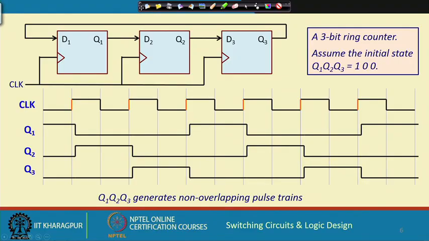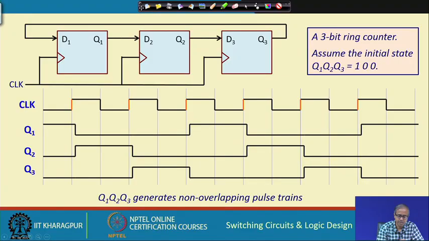Just another thing I did not mention: you see from this timing diagram that whenever the clock edge comes, at the time when the output of the flip flop is changing, there is a small delay, a small gap. This small gap is due to the delay of the flip flops: a value has been applied and a clock comes, and after some time the output Q2 will start changing.